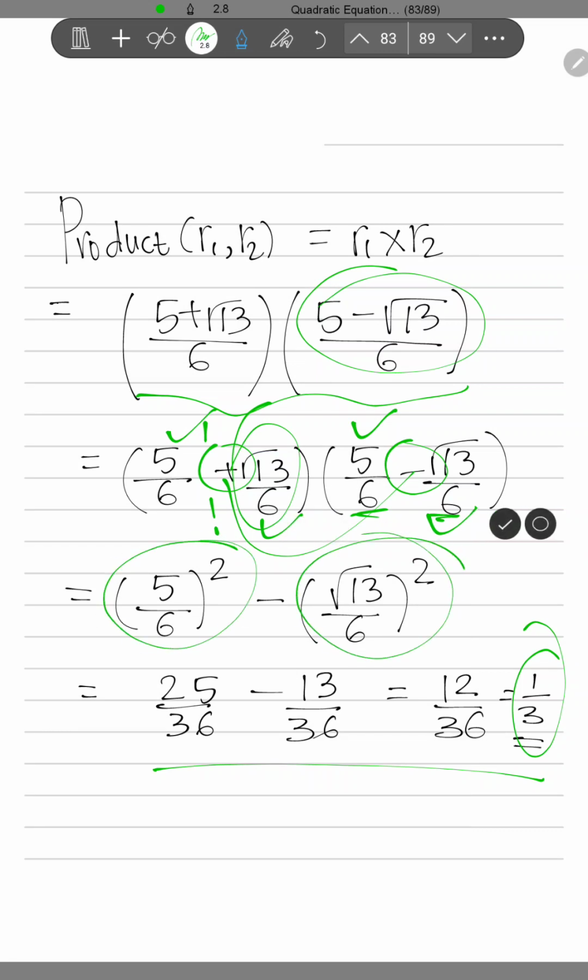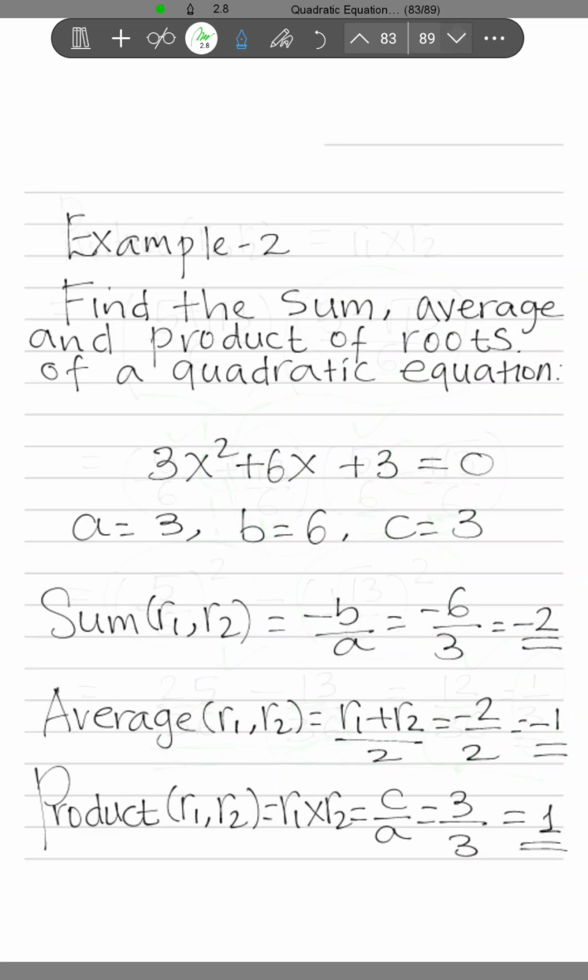Root 13 over 6 whole square is 13 over 36. 5 over 6 whole square is 25 over 36. The denominator is common here. We keep that one. 25 minus 13 is 12. It is just 12 over 36. When we divide both sides by 12, we will have 1 over 3.